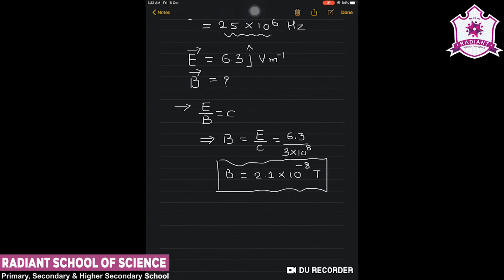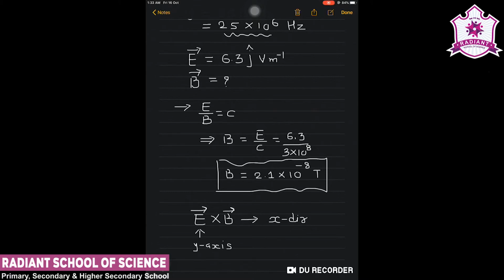So B should be in the direction perpendicular to both the x and y axis. Using vector algebra, that is E cross B, we can say that E cross B is in the x direction. Out of that we are given E on the y axis.